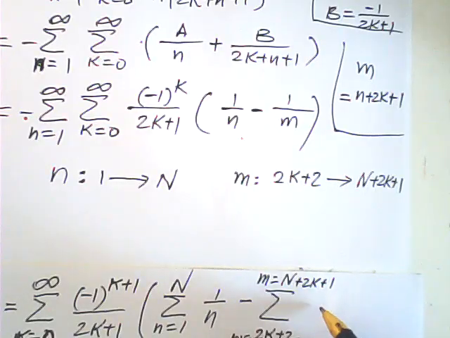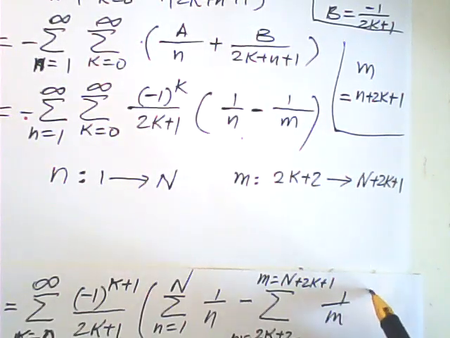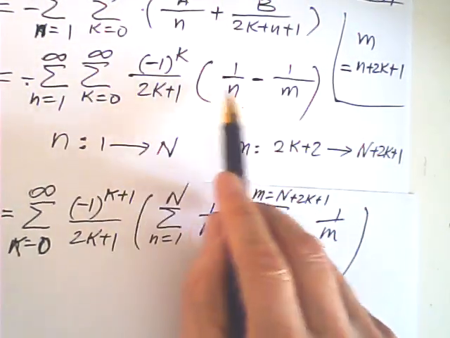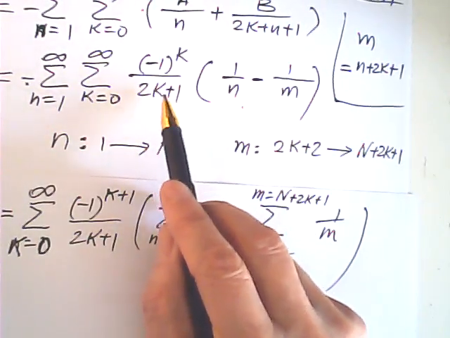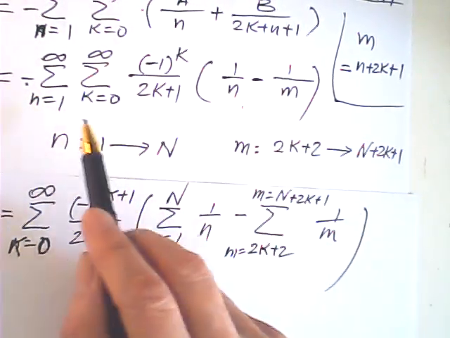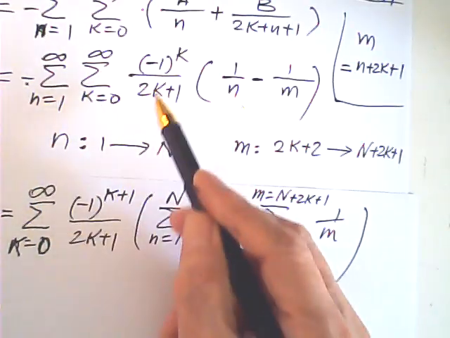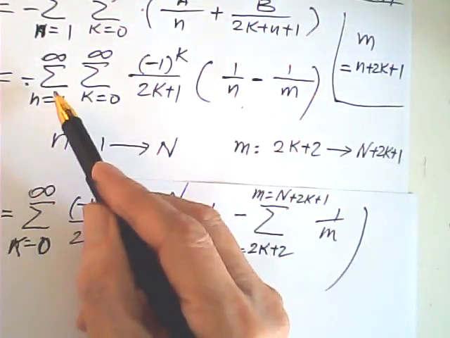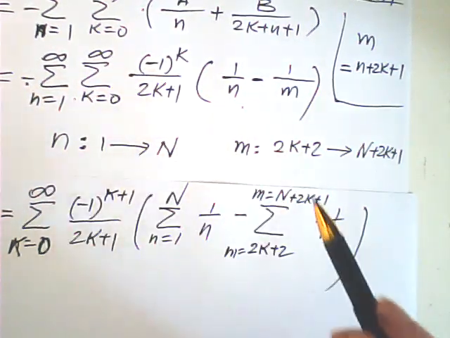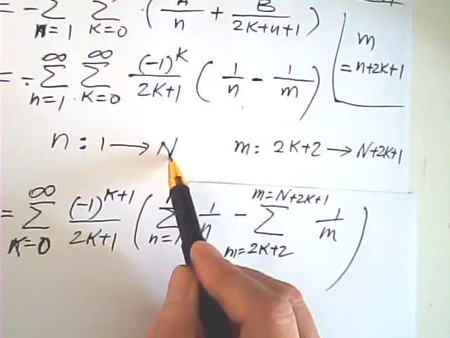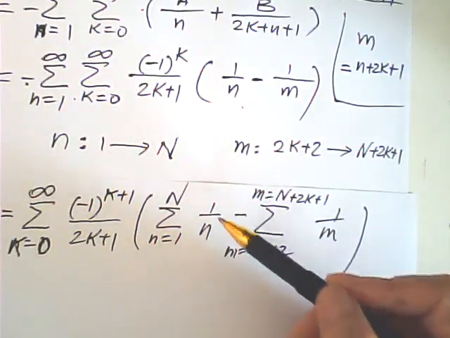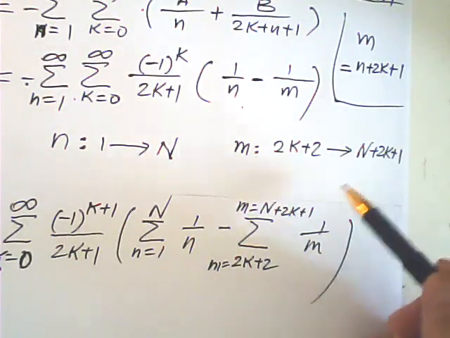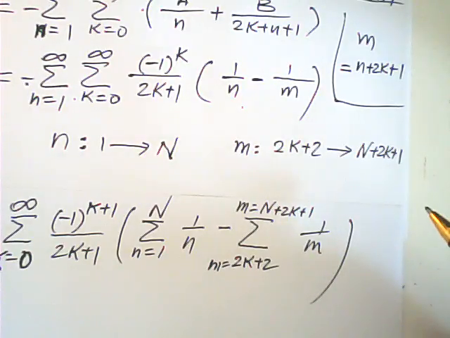It's rather complicated. Okay, I hope you follow that. This I separate into two series, sigma this, sigma that, for n. This one I have not changed. I changed this power series. The index is from 1 to N, and then m is from 2k plus 2 to N plus 2k plus 1.